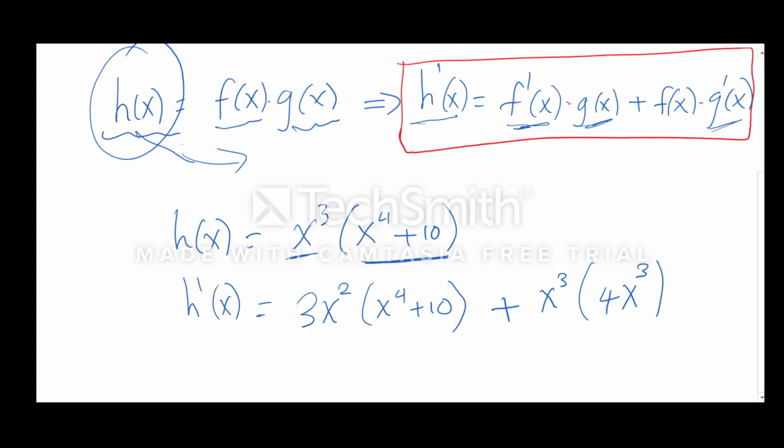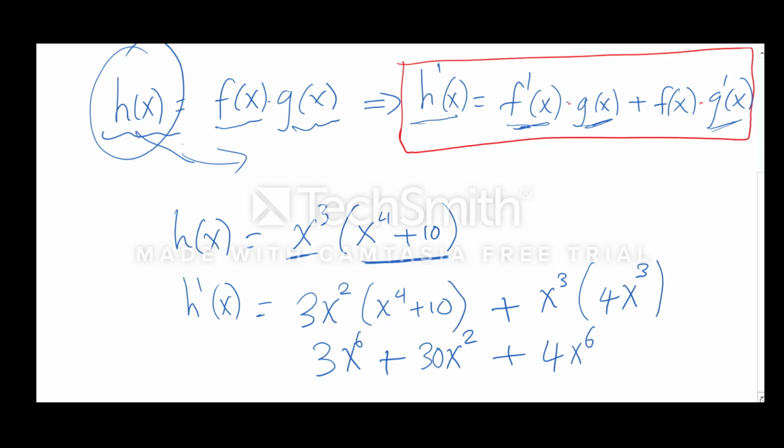Let us make this a bit cleaner. 3x squared times x to the power of 4 gives 3x to the power of 6, plus 3x squared times 10 gives 30x to the power of 2, plus x cubed multiplied by 4x to the power of 3, which gives 4x to the power of 6. You add the powers.